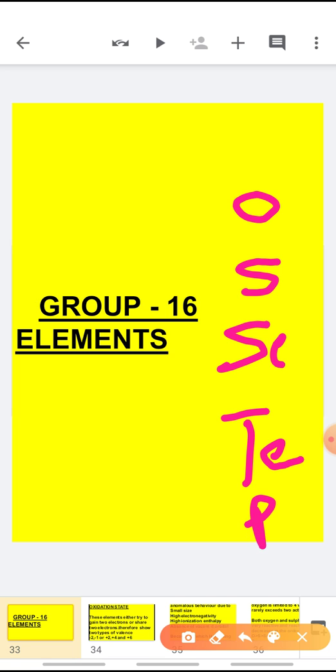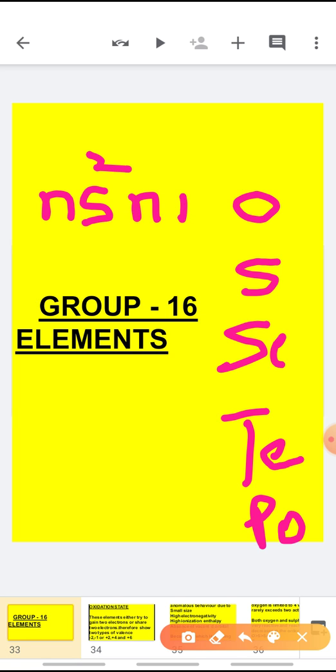I have discussed many of the important points regarding these elements. I have told you the general electronic configuration of these elements is ns2 np4. For oxygen it will be 2s2 2p4, for sulfur 3s2 3p4, for selenium 4s2 4p4, for tellurium 5s2 5p4 and for polonium 6s2 6p4.